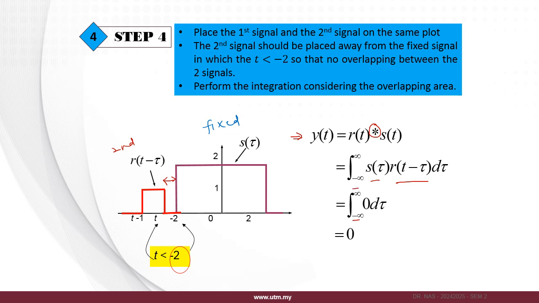When there's no overlapping, the amplitude or the area that overlaps is 0. When you integrate 0, you get 0. So when there's no overlapping, basically the integration will produce 0.